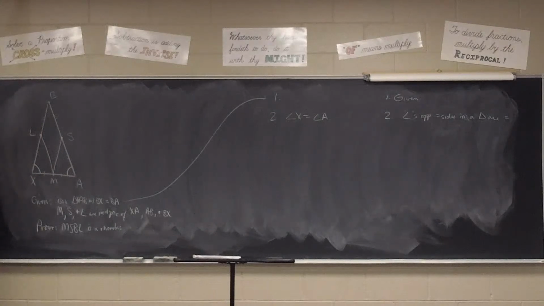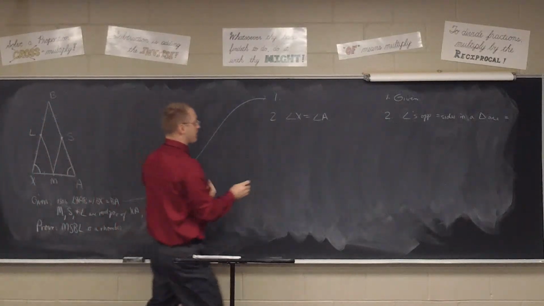Now here's the thought. Because we've got two parts of this and two parts of this, and these are equal, might it not be better, instead of saying these two are equal, these two are equal, these two are equal, to say that these are equal halves of their whole lines? Because then you could say that halves of equals are equal. So that might be something beneficial for us.